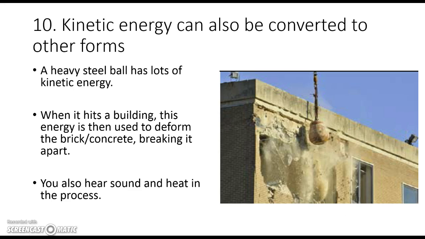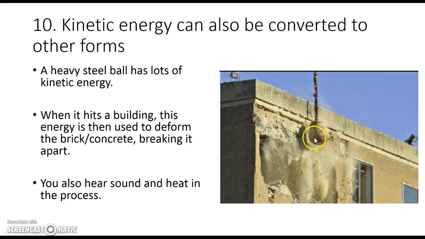So we have seen that the kinetic energy of the steel ball is used to actually make a hole in the foam, and that's what kinetic energy can do: make holes, to destroy or deform objects. One application of using kinetic energy to deform or destroy objects is in the demolition of buildings.